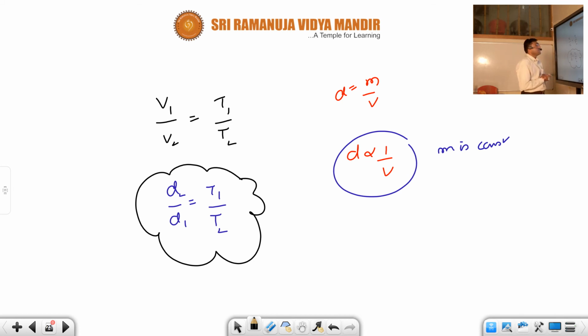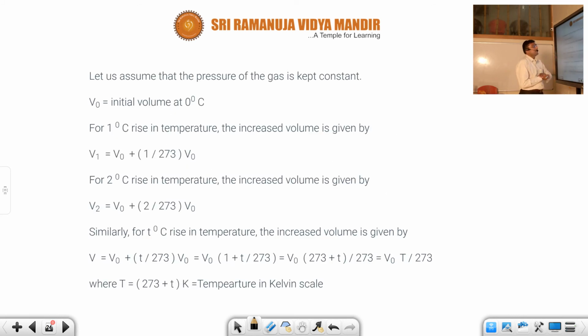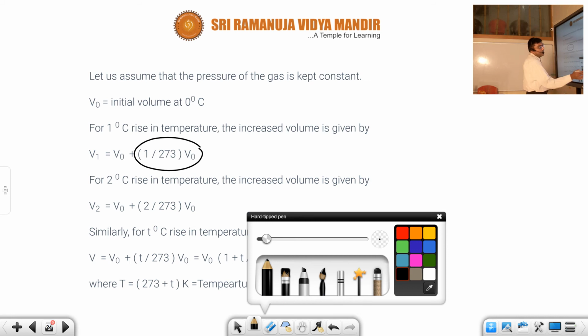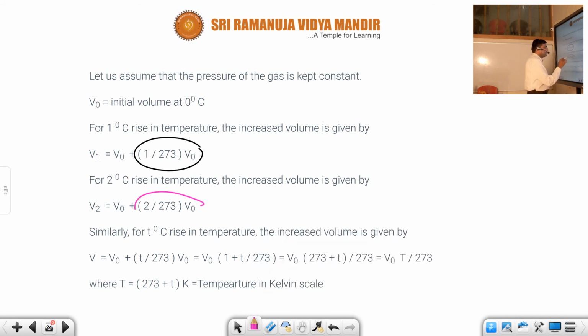So students, try to understand, this is the basic understanding between density and volume and temperature relationship under isobaric conditions. So this is how you have derived. First of all, 1 by 273 into V naught, and similarly at 2 degrees centigrade, 2 by 273 into V naught.